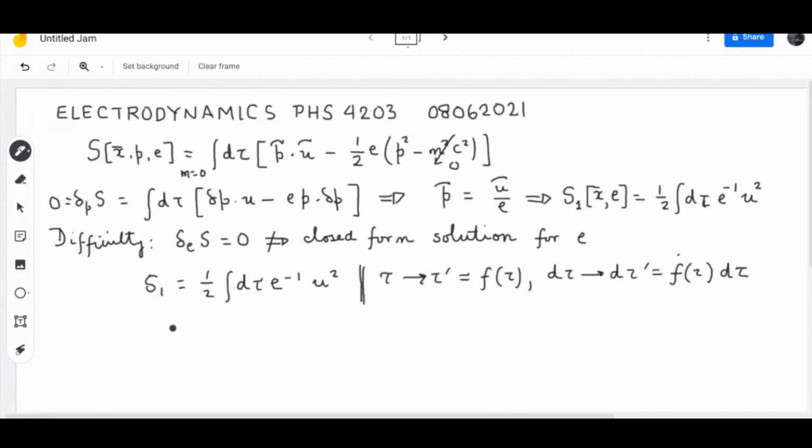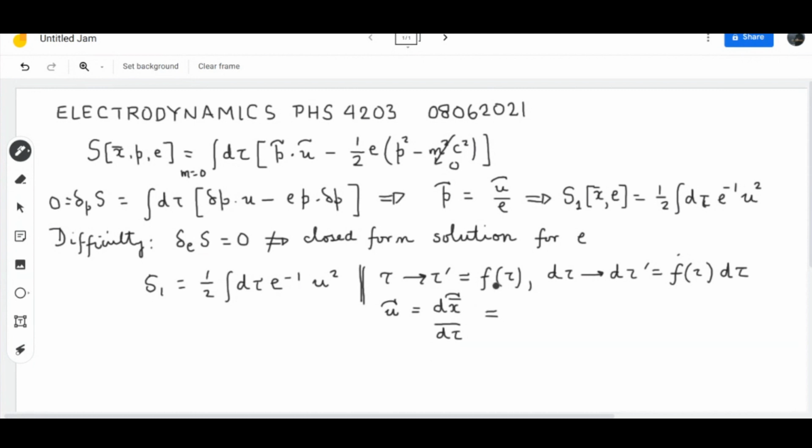Obviously, right? And also u. So let us look at u. u is nothing but dx bar by d tau, right? And x, of course, is a coordinate in space-time, so it's a function of tau, but it's a scalar function of tau, if you wish.